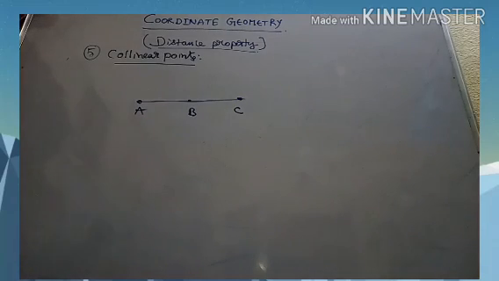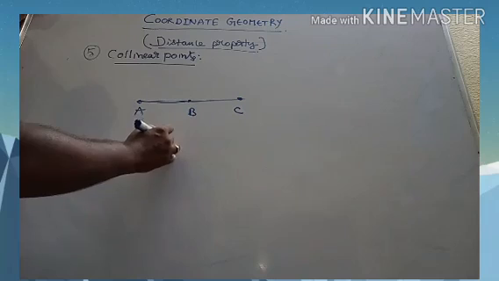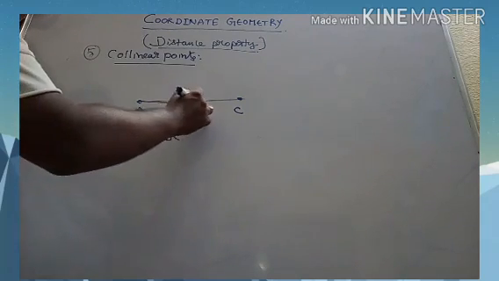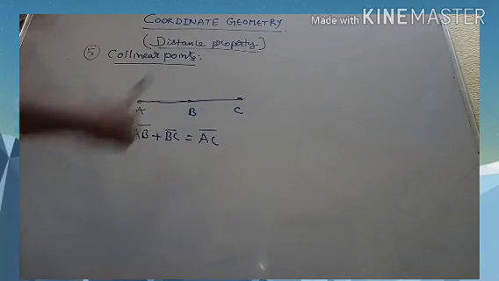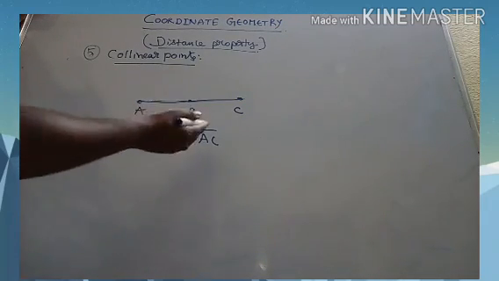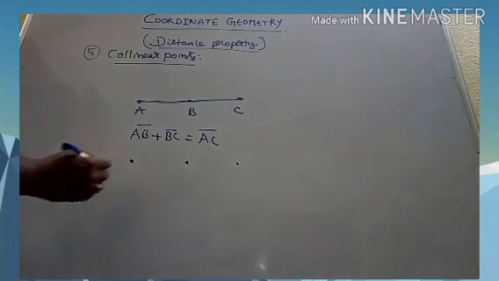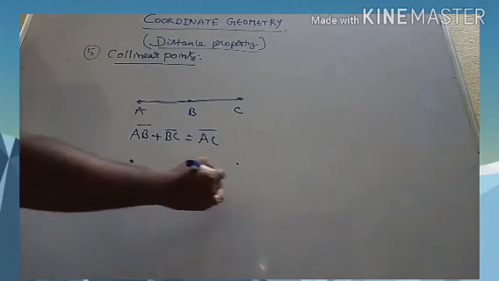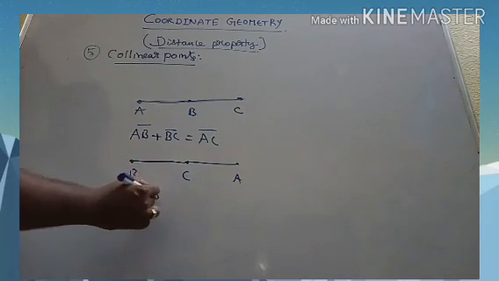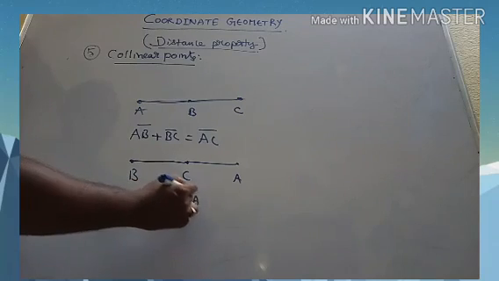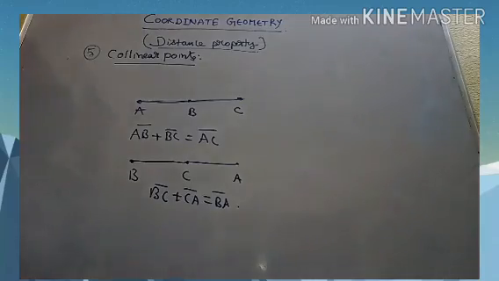One way: the distance AB plus BC, you have to prove it equals AC. Suppose you have a situation where the order is different, then to prove the three points are collinear you need to get BC plus CA equals BA. This is another way of proving.